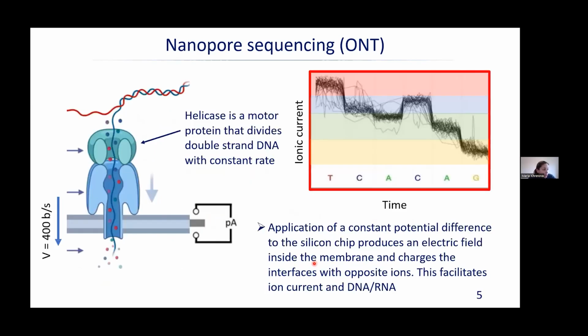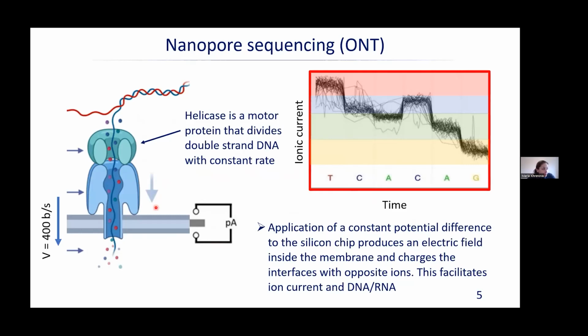The raw signal obtained from this device is ionic current, measured separately for each pore of this membrane.